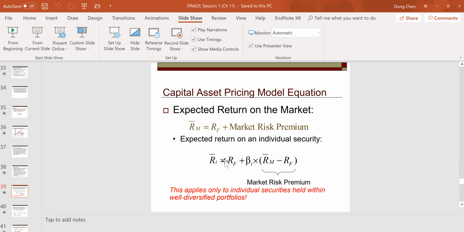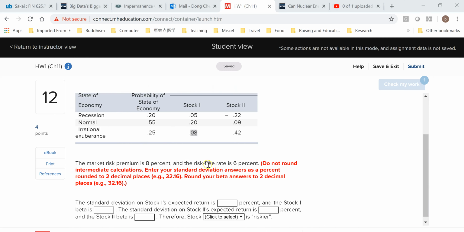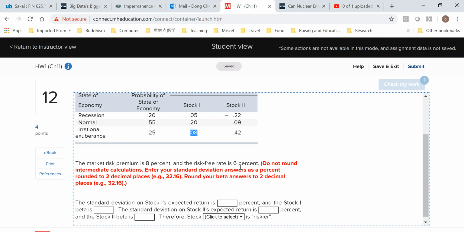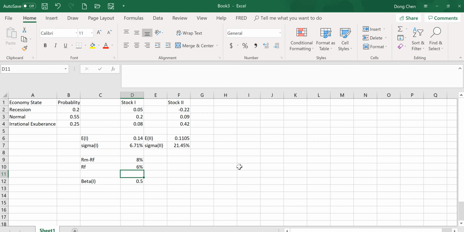This market risk premium is provided to be 8%, and the risk-free rate is 6%. Now if beta is 0.5, then we can calculate the expected return for stock 1.